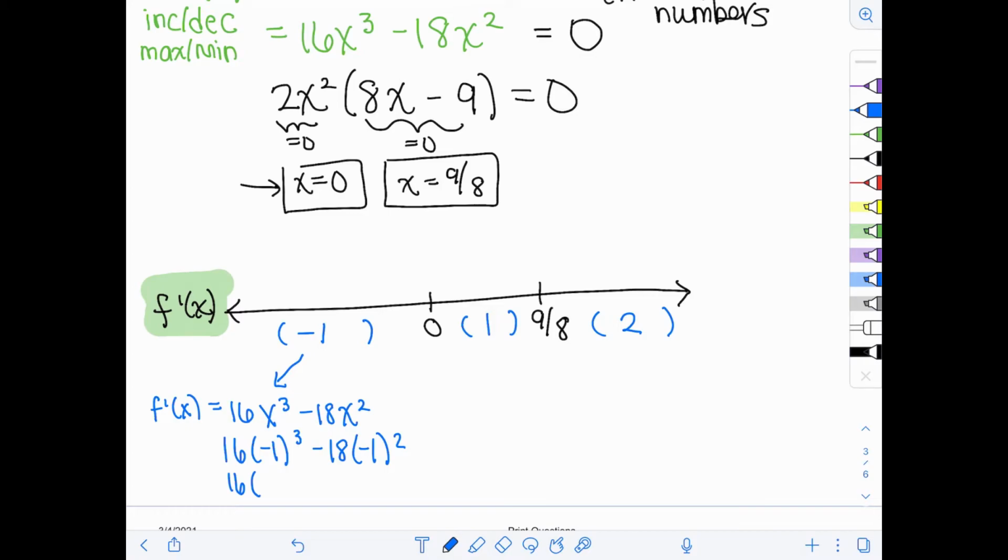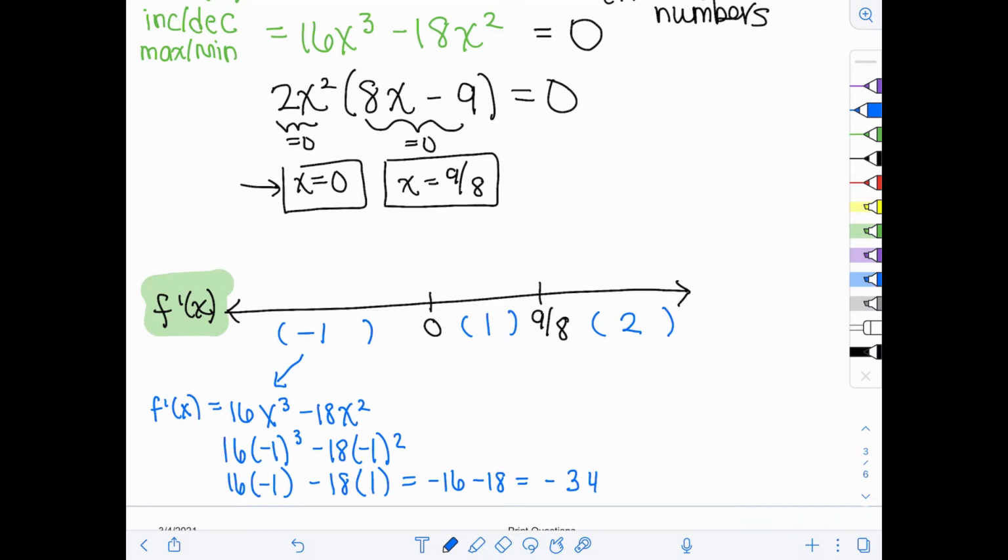So -1 cubed is going to stay negative, while -1 squared is going to become positive. So that's negative 16 minus 18, so we get negative 34.